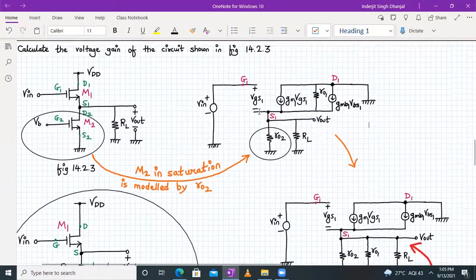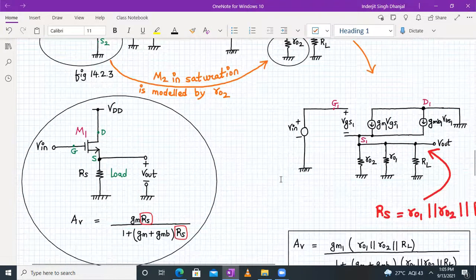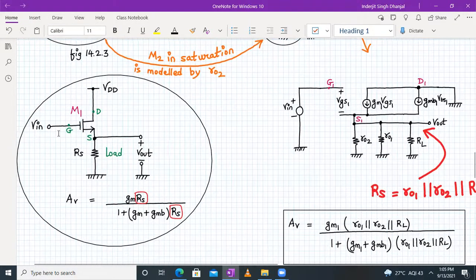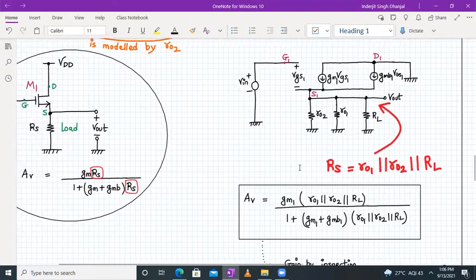How did we calculate the voltage gain of the circuit shown? First we replaced the M2 transistor by its small signal equivalent in the form of RO2, because it was working in the saturation region. And then we found that RO1 is in parallel to RO2. Here we compared it with the standard form of the source follower circuit, and we calculated the equivalent load resistance, which was RO1 parallel to RO2 parallel to RL, and we plugged it into this formula.